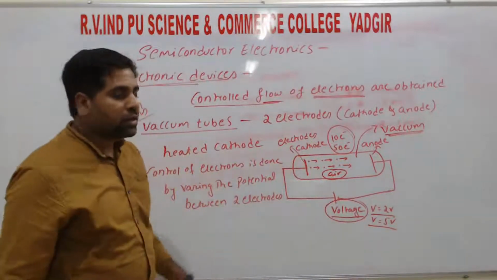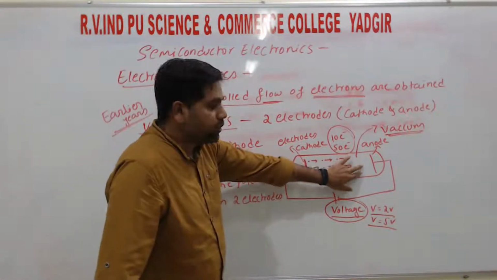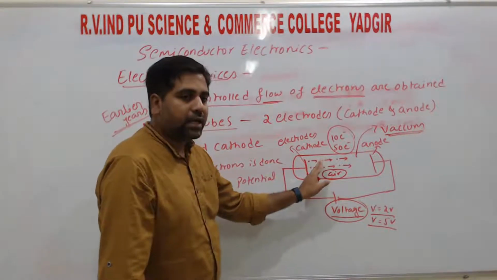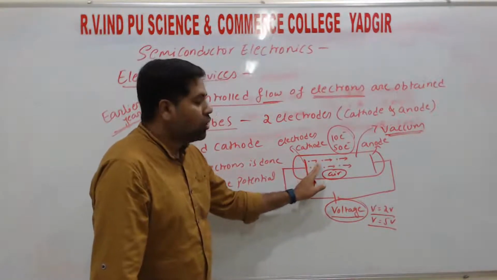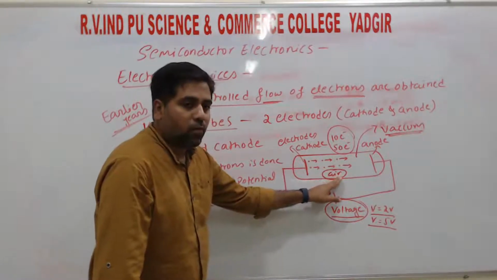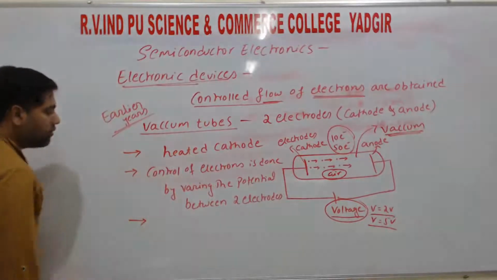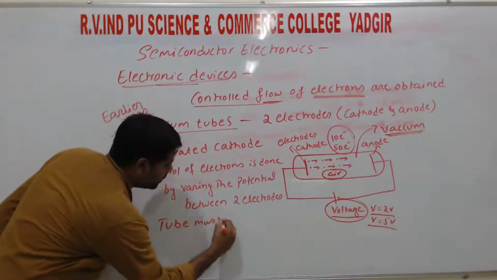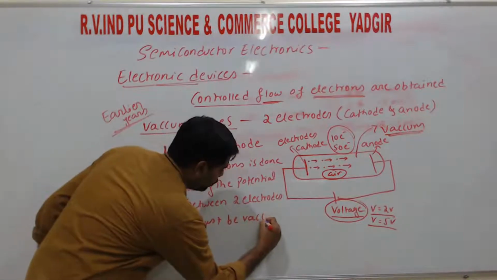The reason is that if any air molecules are present in this tube, then the emitted electrons have kinetic energy, and that kinetic energy is lost when it collides with the air molecules, right? So the third one is the tube must be vacuum.